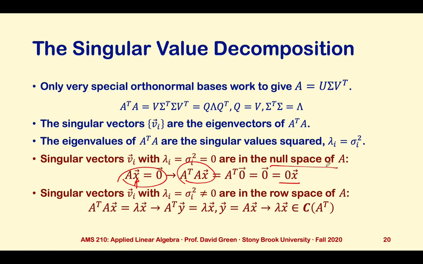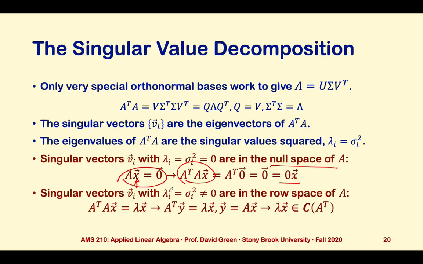The null space of A maps onto the eigenspace of A transpose A with eigenvalues of 0. A relationship between the null space of A, which we know how to calculate, and some of the singular values.